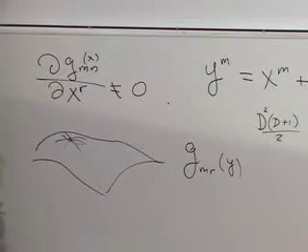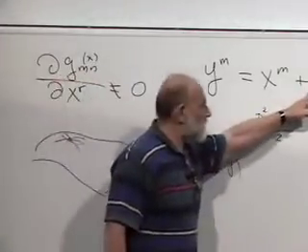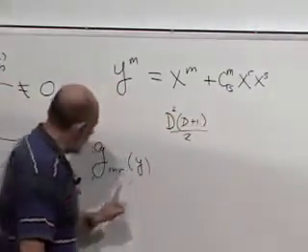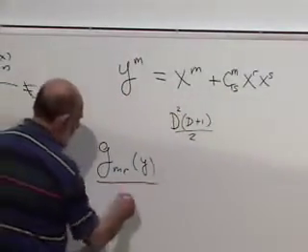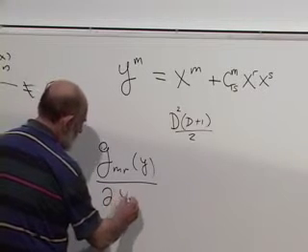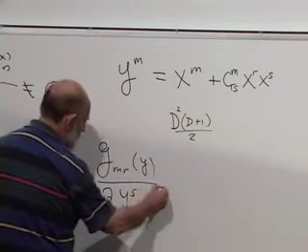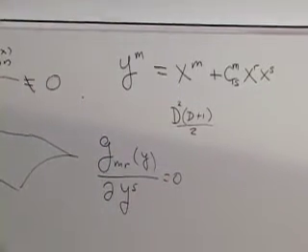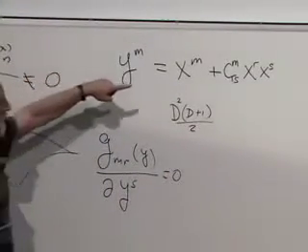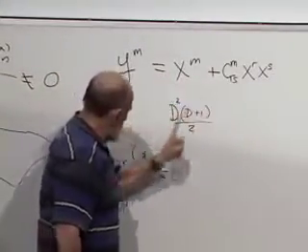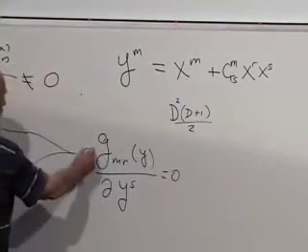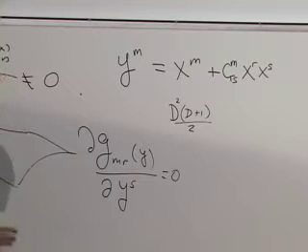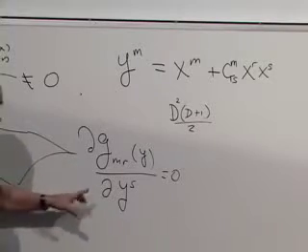I'm going to require of the constants c the condition... in other words, I'm going to try to choose the c coefficients here so that the derivative of g with respect to y is equal to 0. How many unknowns are there and how many equations are there?